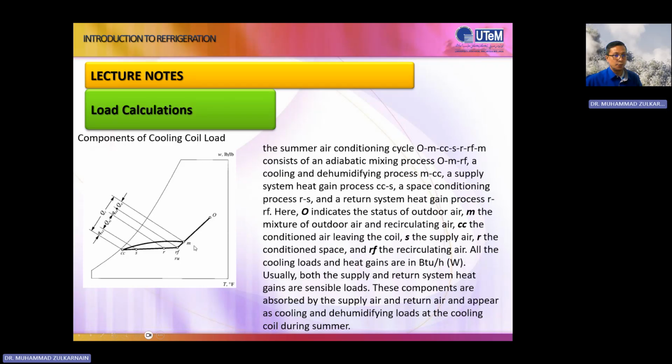And then after that we transfer this air to the CC. CC means the conditioned air leaving the coil. So after the compressor releases the cold temperature from the coil, we call it the CC, and then from the CC, leaving the coil, we transfer to supply air, let's say in the ducting system, and we call it S, and then S will be supplied to the space.